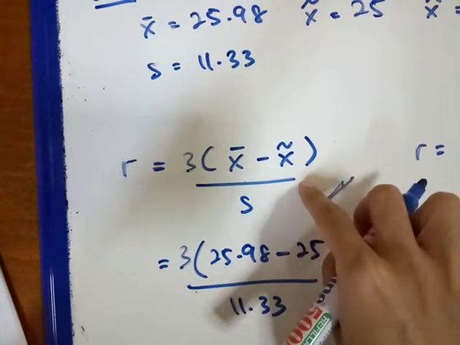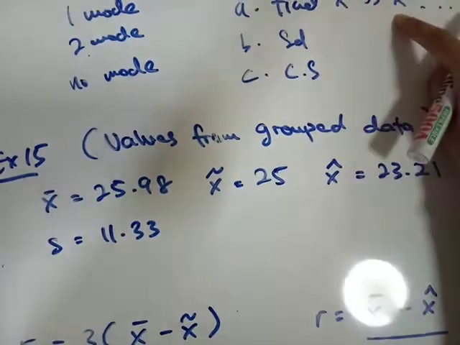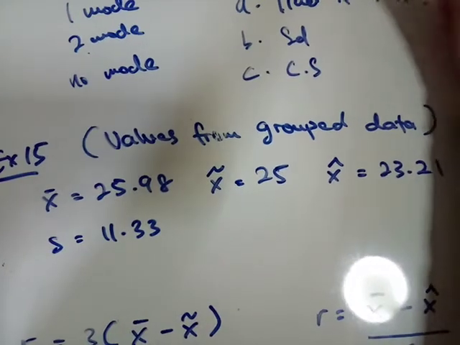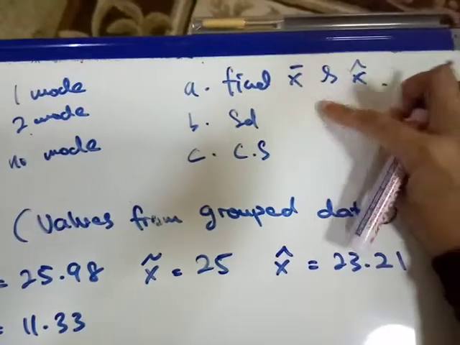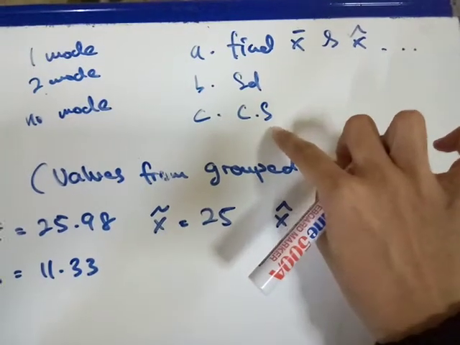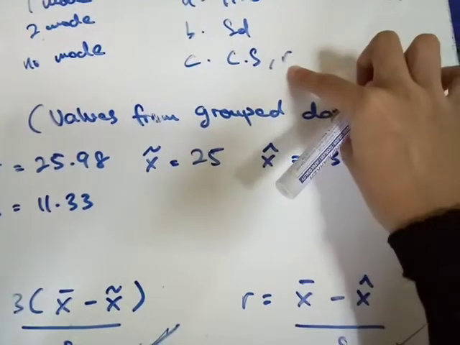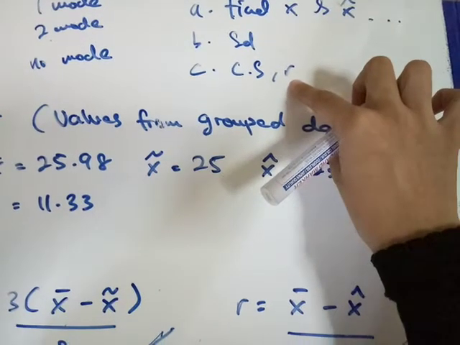Unless the question asks you to find the mean and mode, so you have the mode answer, and then question C asks for the coefficient of skewness, which is to find R to determine the distribution.